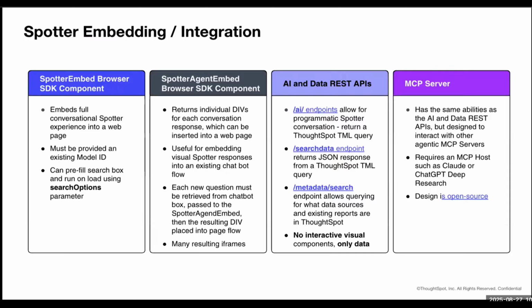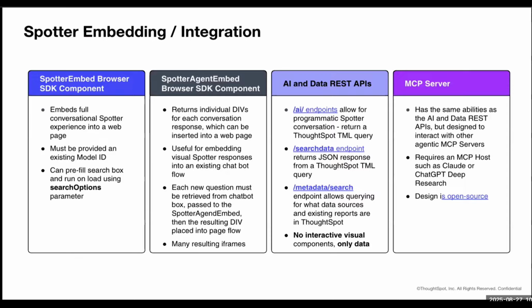So if you were to log into the front door of ThoughtSpot and leverage Spotter, either from a visualization or the search bar alone, we're able to take that UI and embed it into either third-party apps or web portals, however you want to integrate that into applications. So it's a very flexible AI intelligence feature that you can build into your applications.